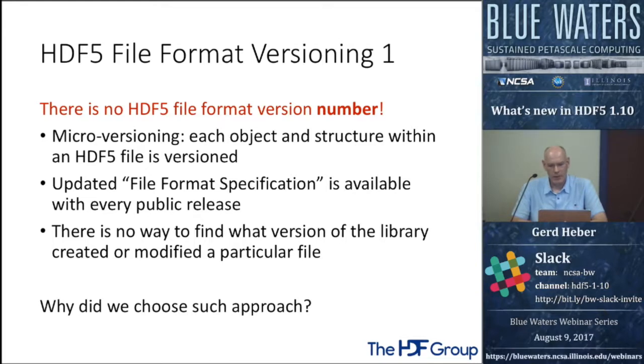What we do is something that we call micro-versioning. Each object or each construct that we represent in the file format has a micro-version attached to it that gets incremented, and that is actually stored in the file, and that's how the library can make certain decisions.